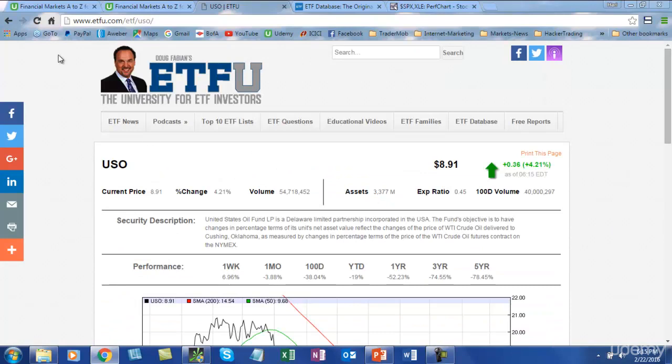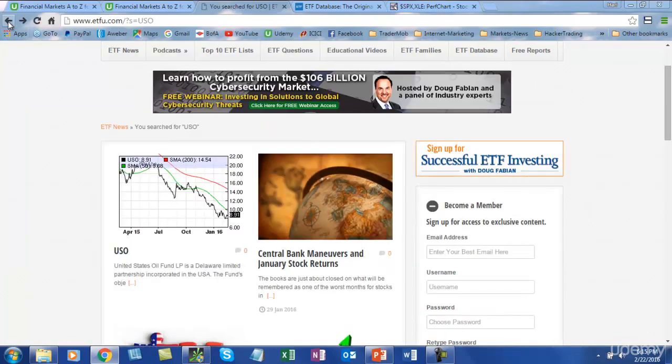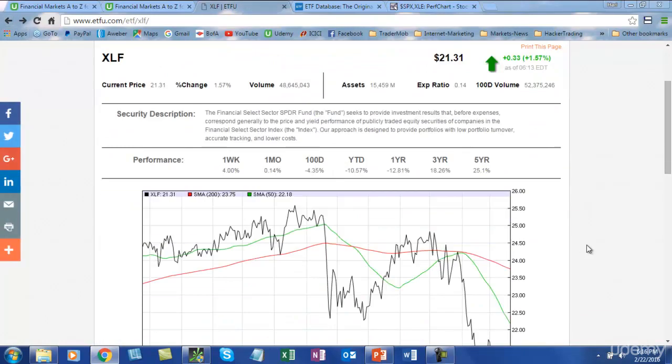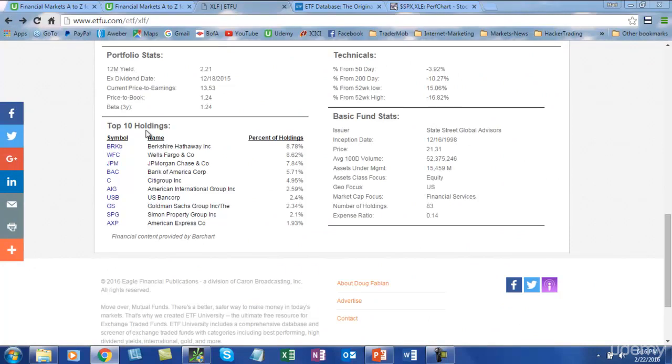In fact, let's go back to the XLF, and I want to show you the composition. Here you can see the top 10 holdings of the XLF, which is the financials: Berkshire Hathaway, Wells Fargo, JP Morgan, Bank of America, Citigroup, AIG, US Bancorp, Goldman Sachs, Simon Property Group, and American Express. So you can see that it is a concentration of all the big financial companies in the US.